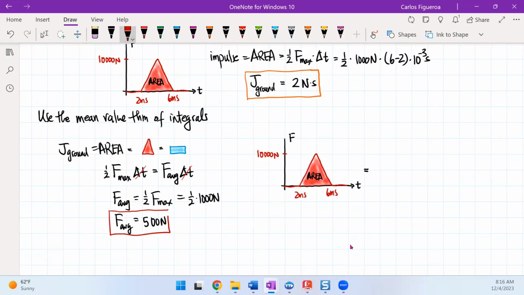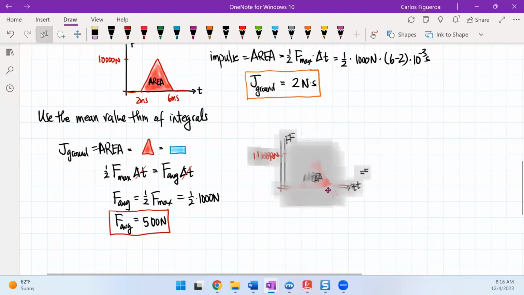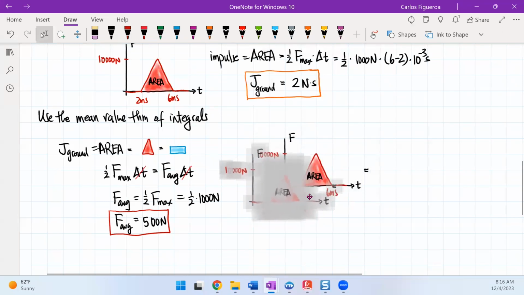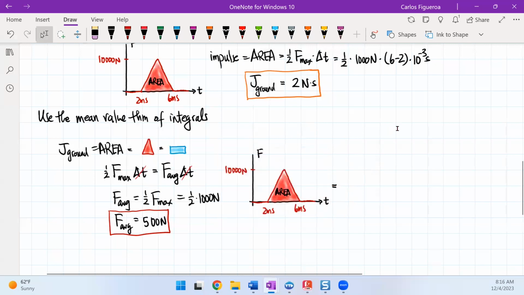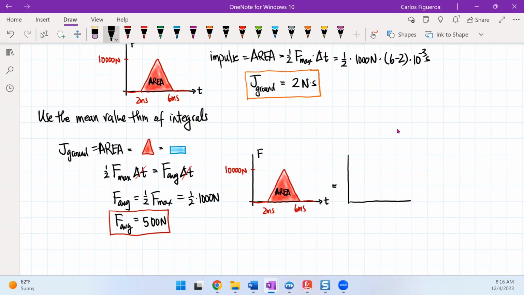So picture-wise, I now look at this. If I bring this right here, if I have the same force versus time curve, I can have a force that only goes up half as high, and it has the same exact area.